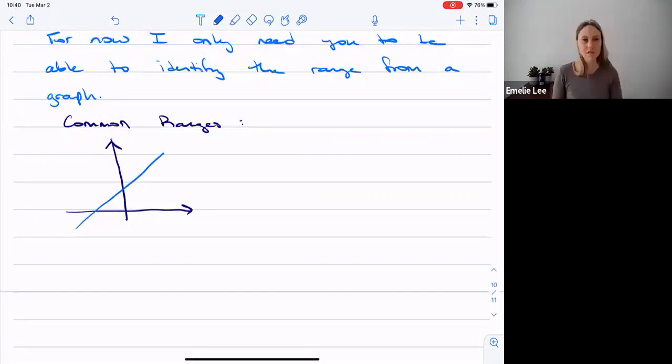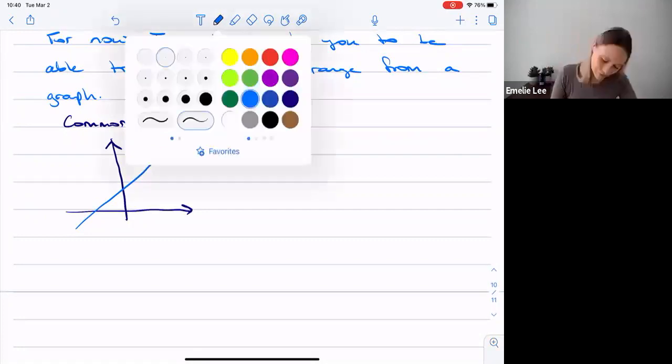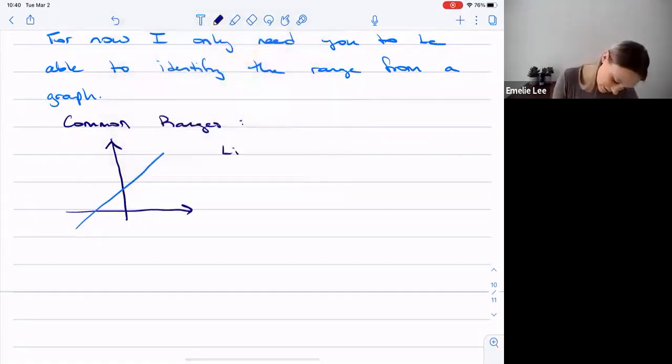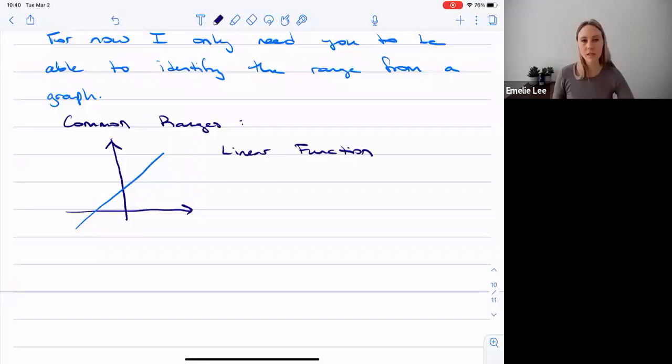Let's start with a linear function, something like this. It can have a positive slope or a negative slope, doesn't matter.